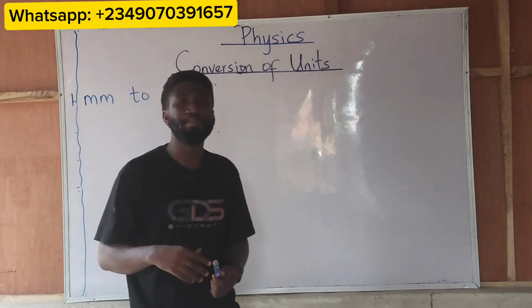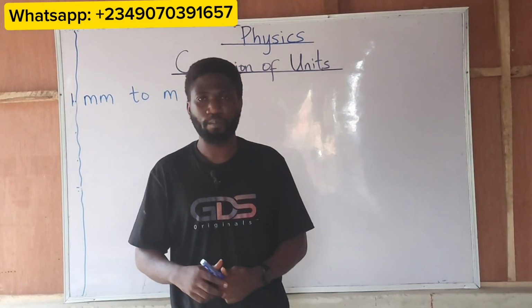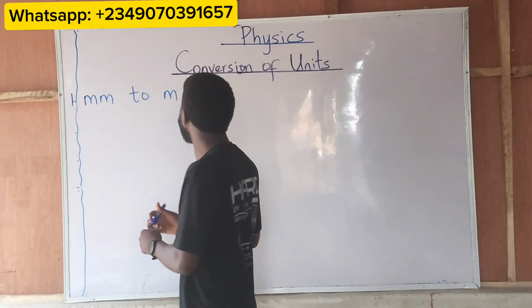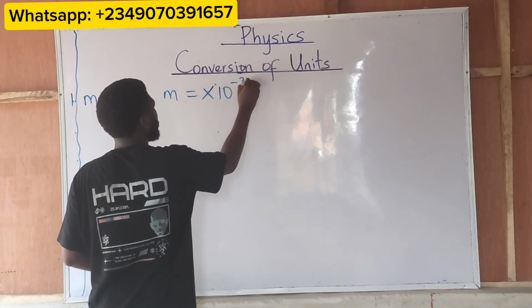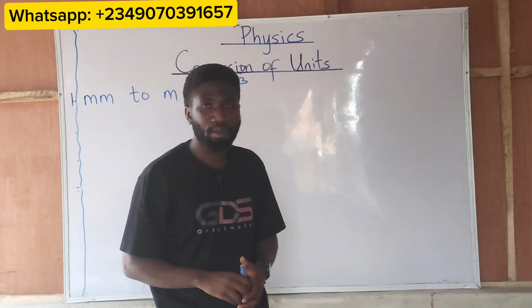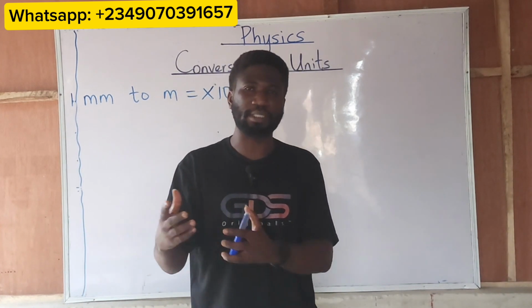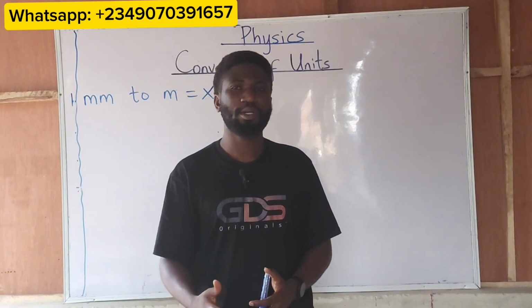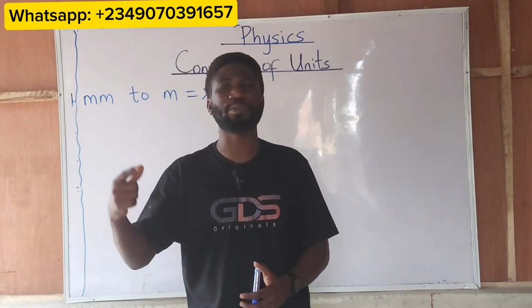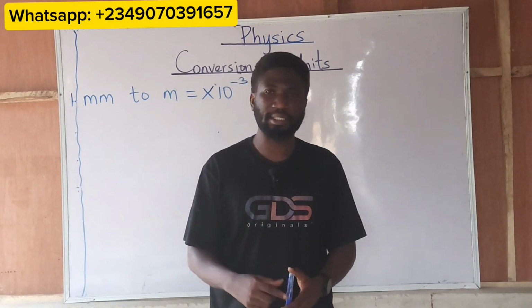If you want to change millimeter to meter, what you just have to do is multiply by 10 raised to power minus 3. Here's an example.